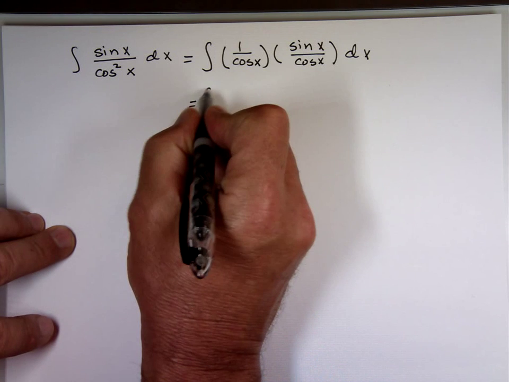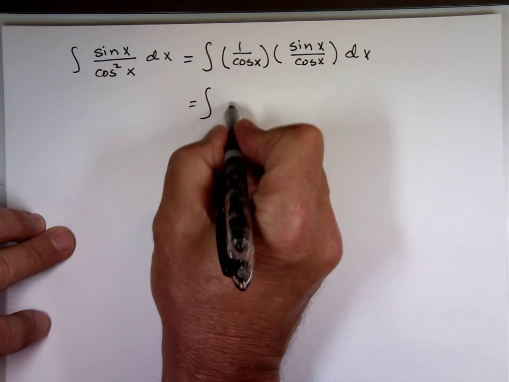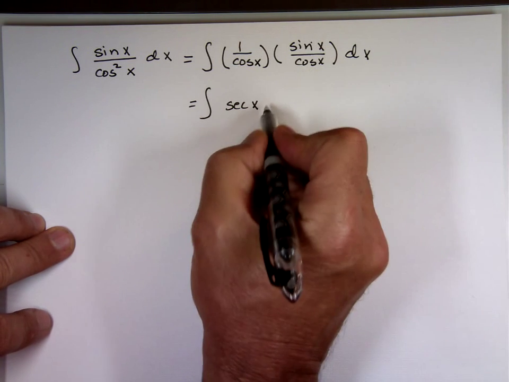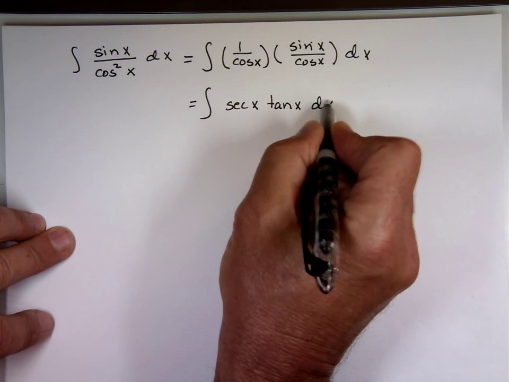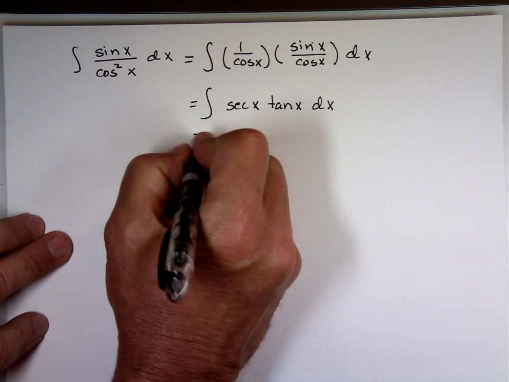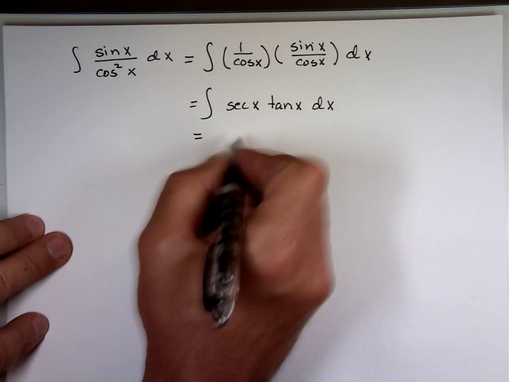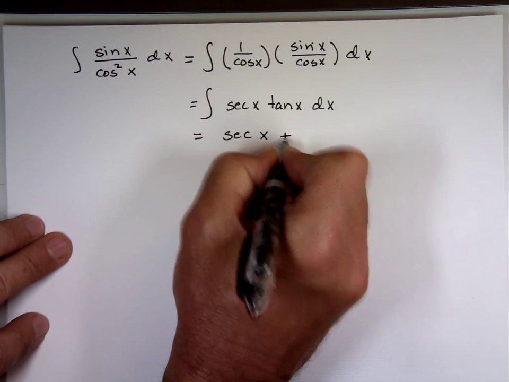That's one of the trig identities on the board. That's secant of x. And what's sine over cosine? Tangent x dx. Now, what trig function has secant x tangent x for a derivative? Yep, secant x. Tangent would be secant squared.